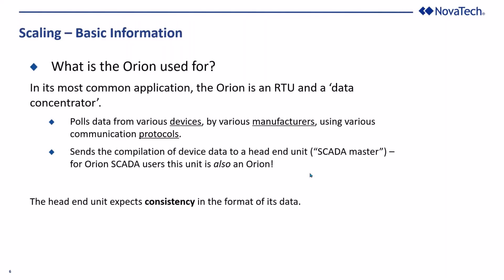But I say all this just to make the point that the head-end unit, the SCADA master, collects data from all over your system, and the expectation is that data is going to be consistent in format. That's what scaling is all about: to manipulate data so that it's consistent in the way it's presented.